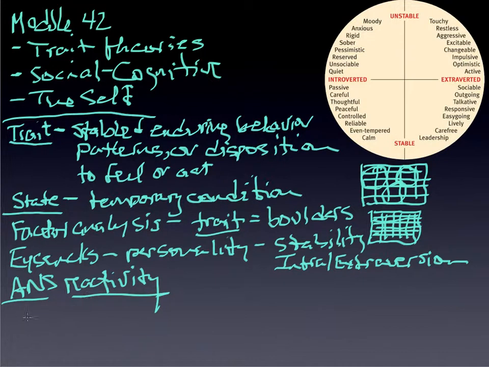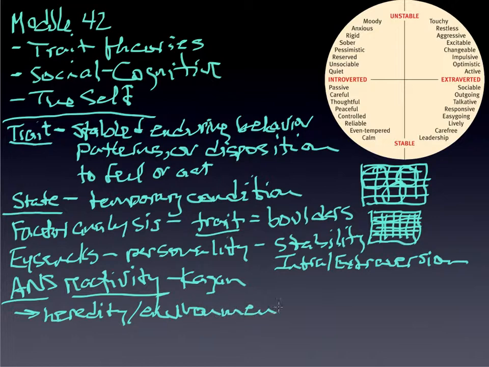But basically what Kagan was suggesting was that based on reactivity, personality develops out of the interaction between heredity, what we're actually given, endowed with, and the environment and the interaction of those two. So where does ANS reactivity come from? Usually a lot of times it comes wired into us, and that's part of what defines personality from Kagan's point of view.